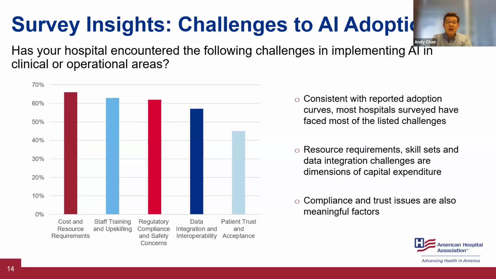So costs, skill sets, regulatory compliance, interoperability of data have been challenges for about 60% plus of all responding hospitals. So that's again, I think consistent with what we're seeing in terms of adoption.